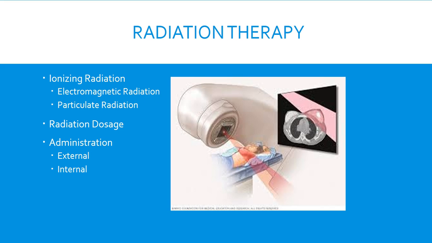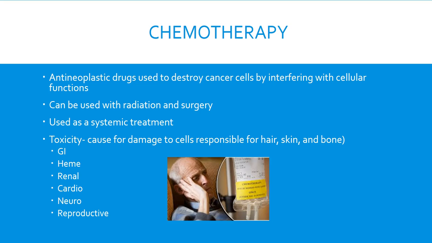They have radiation therapy. This is ionizing radiation. It's electromagnetic radiation, and it's particular radiation. So radiation dosage and administration, which either can be external or internal. We have chemotherapy. It's anti-neoplastic drugs used to destroy cancer cells by interfering with cellular functions. This can be used with radiation and surgery, and it can be used as a systemic treatment.